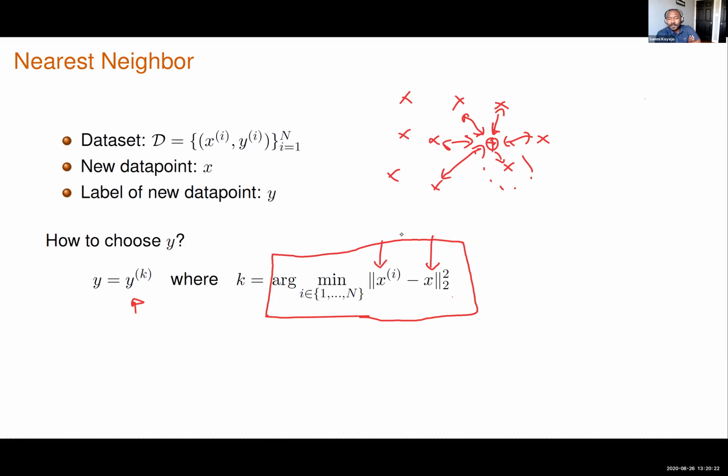So X is a new point, but let's actually table that question about what happens if X is part of the data set for 2 seconds, and talk a bit about why we like Euclidean. Or maybe better, just what properties we need to have to get this to work well.